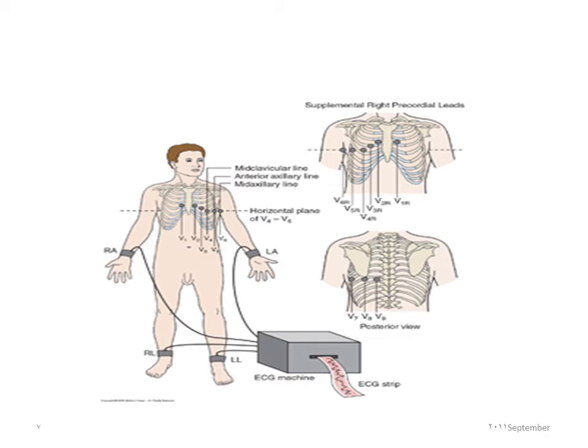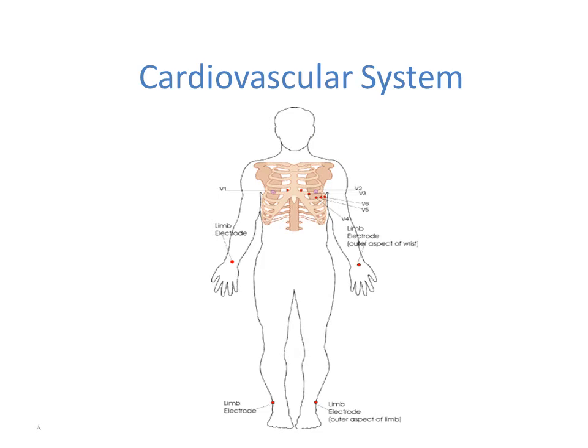Just a clarification for the ECG device that is used to record the electrical activity of the heart. As we know, we have 6 chest leads put on the chest, starting from the fourth intercostal space as V1, V2.